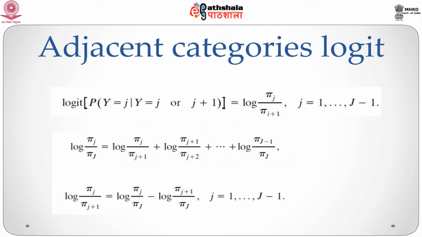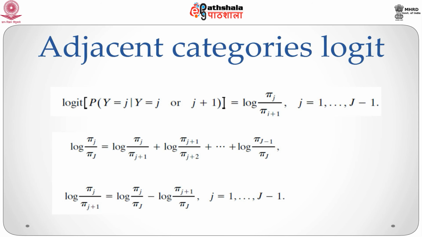Finally, another model which has been used in many special cases is the adjacent categories logit, given by logit of probability y equal to j, given that y is equal to j or j minus 1. So, the logit that y is in the jth category, given that we know that y is either in the jth or the j plus 1th category.